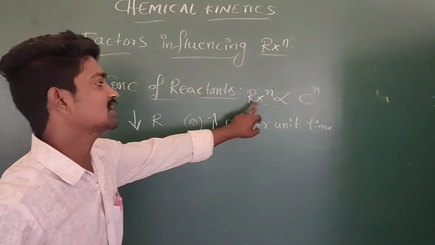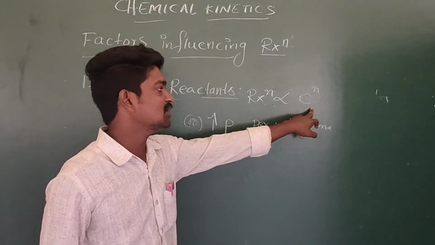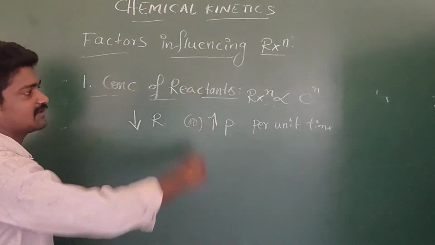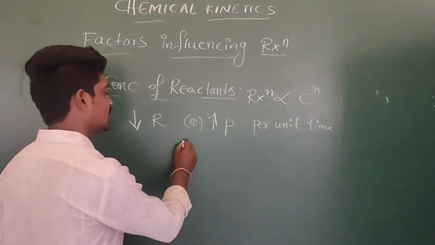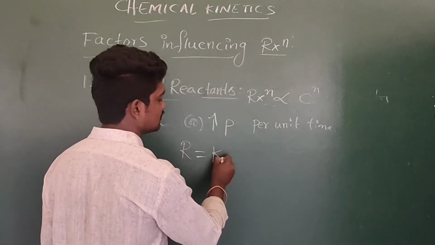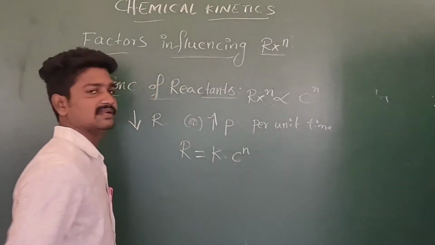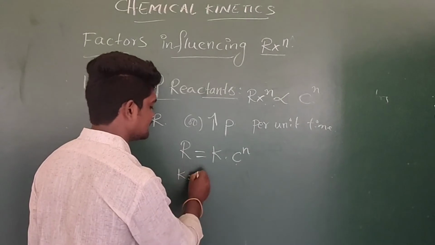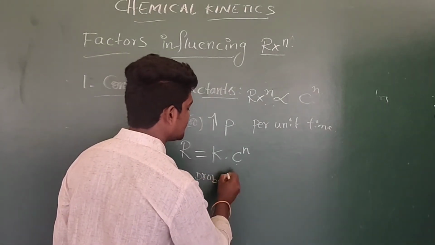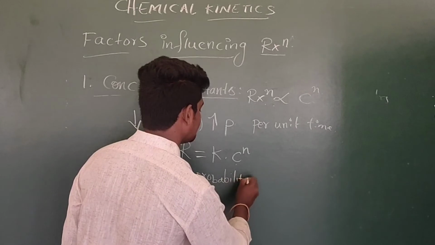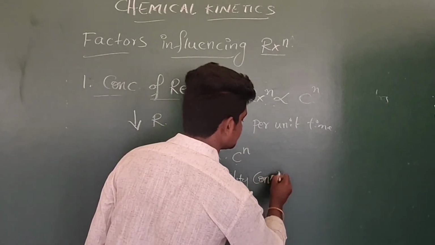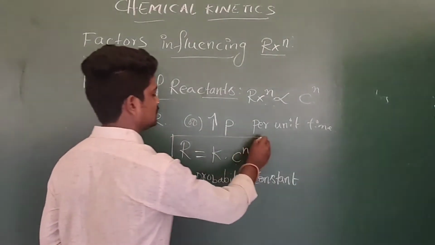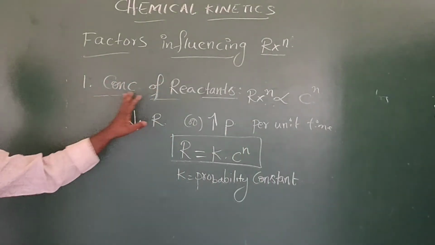That's why the rate of reaction is always proportional to the concentration. This is the molar concentration for n terms, so we can write rate of reaction is equal to K into C power n, where K is the proportionality constant. So this is the concentration of reactants.